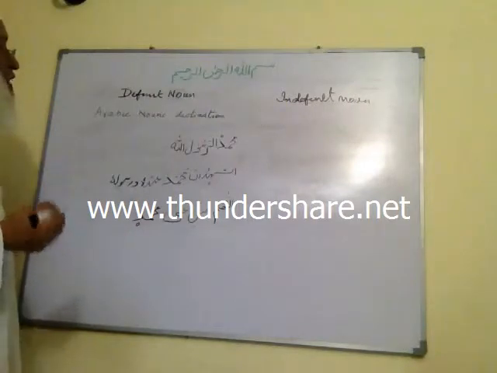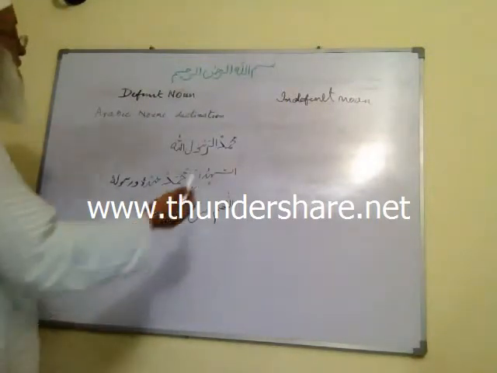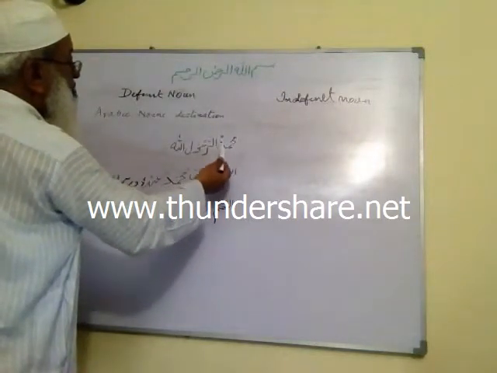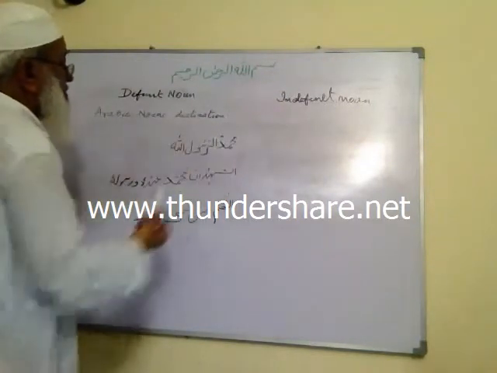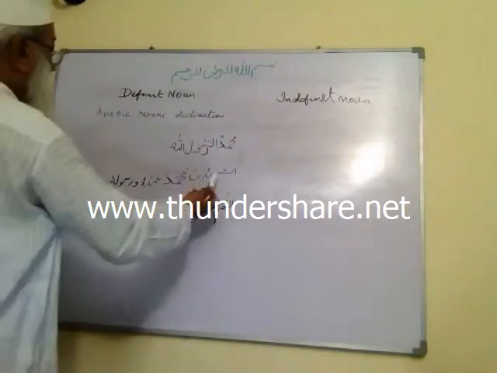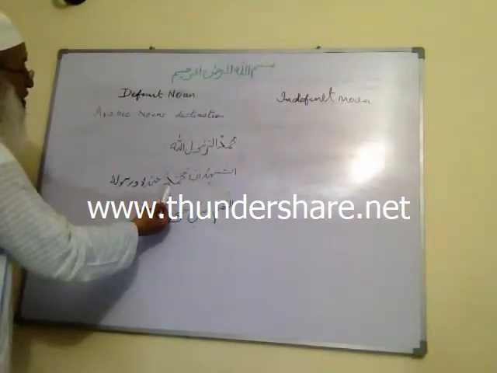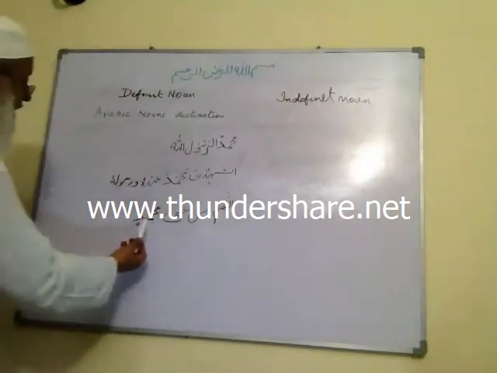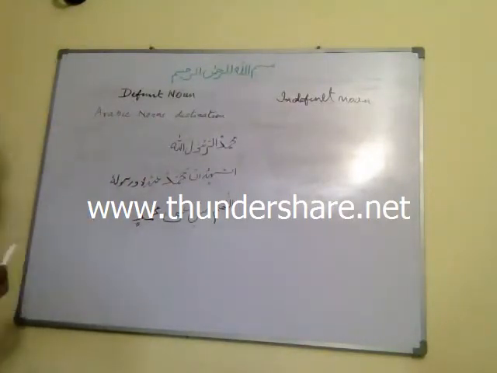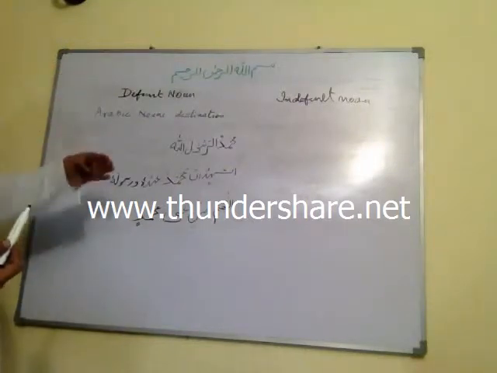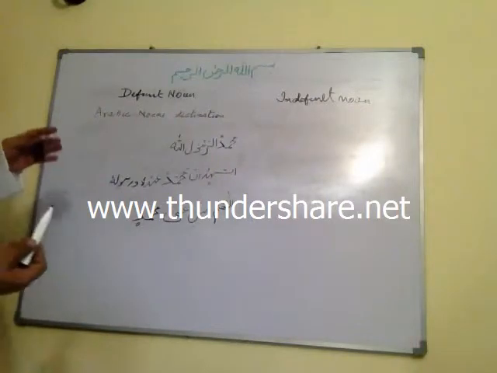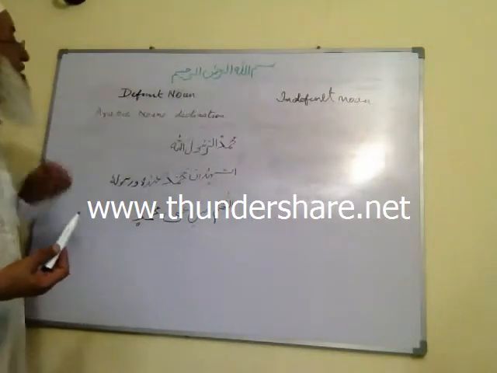Now you have noticed in our first line we are using Muhammad as Muhammadun. In the second one we are saying Muhammadan. In the third one we are saying Muhammadin. So this way we call it noun declination.